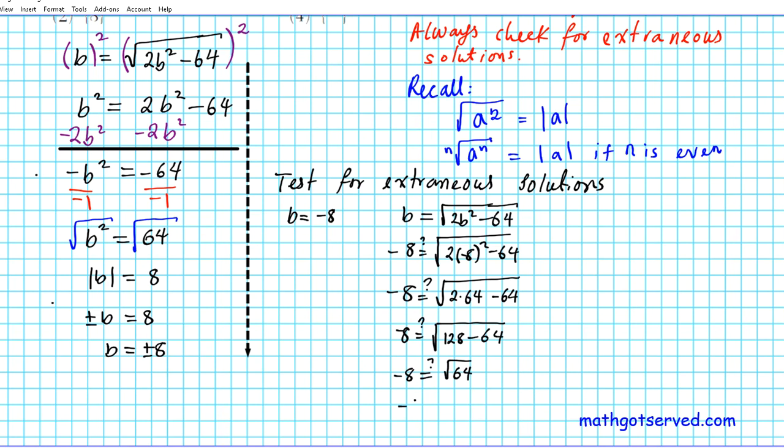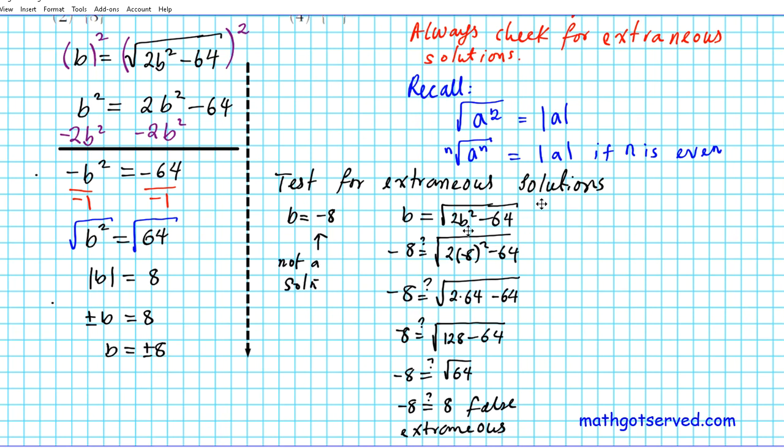Is -8 equal to the square root of 64 is 8? Is -8 equal to 8? No, that's false. So this particular answer is extraneous. We cannot include -8 as a solution, so not a solution.